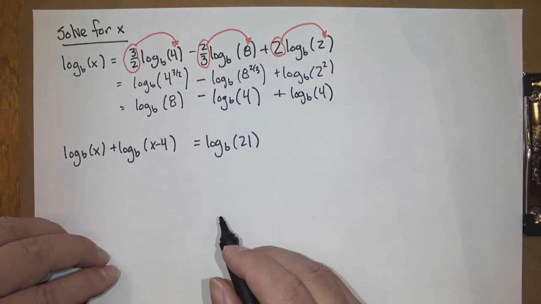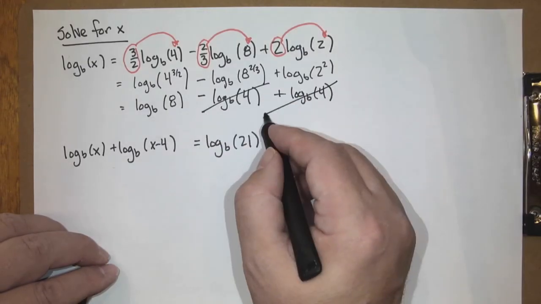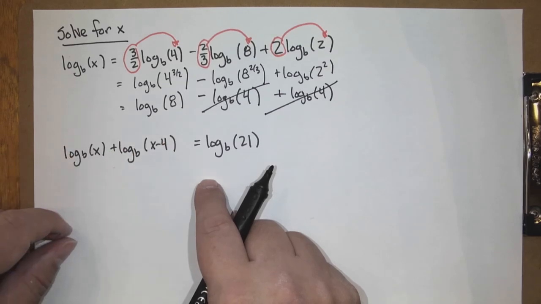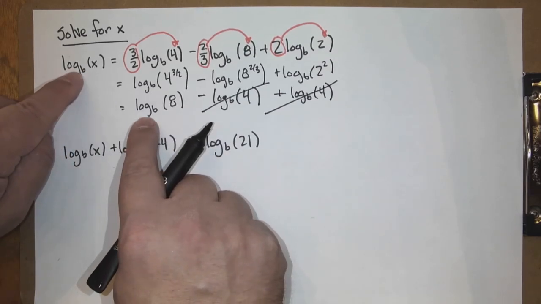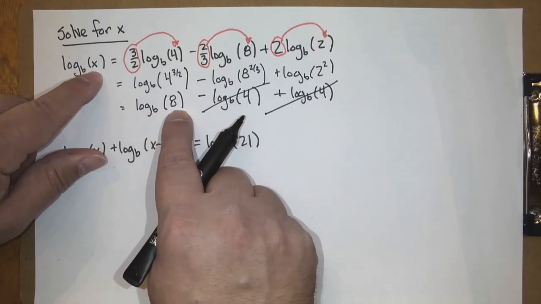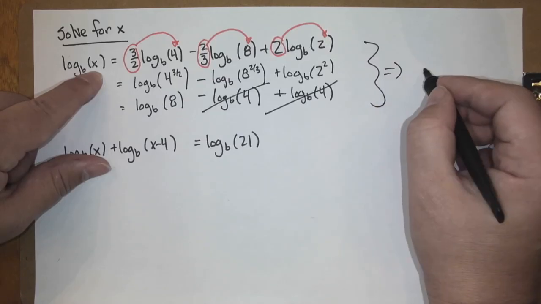Do you notice what we can do? Cancel. We have log base b of x equals log base b of 8. Well, if we have log of something equals log of something, the insides have to match. So our conclusion is x equals 8.